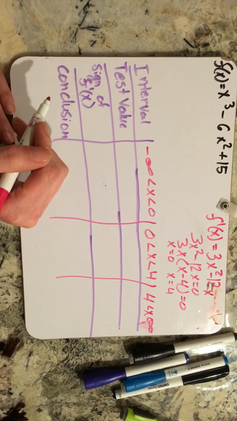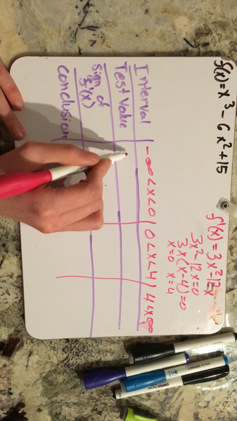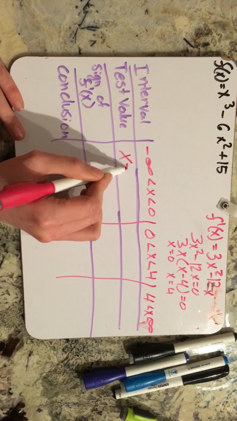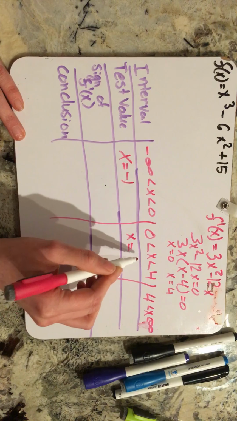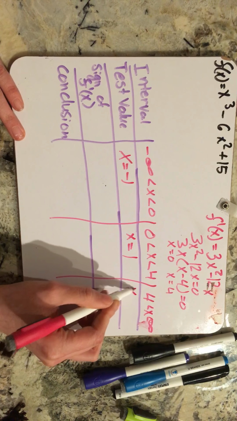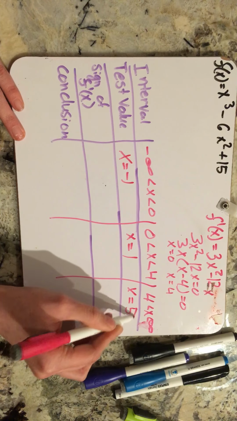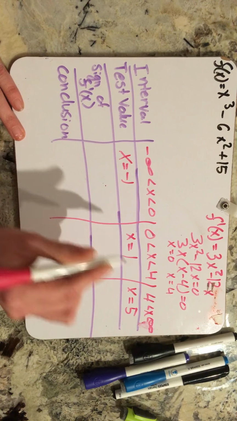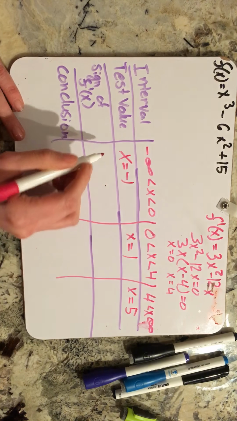Next, we're going to find our test value that we want to use. It has to be in these intervals, so I'm going to use x equal to negative 1, x equal to 1, and x right here, we're going to make this equal to 5. And then we just plug it into our first derivative equation.